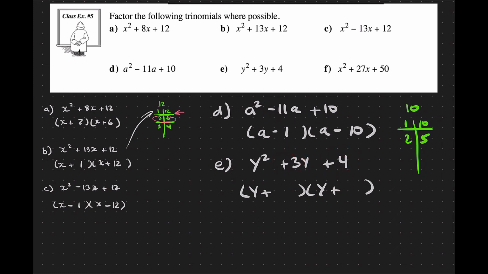So what two numbers can multiply together to give us 4? Well, we've got 1 and 4 and 2 and 2, and they need to add together to give us 3. Well, 4 plus 1 is 5, and 2 plus 2 is 4, and there are no more ways to produce a product of 4 with two integers. So in this case, we say this is not possible.